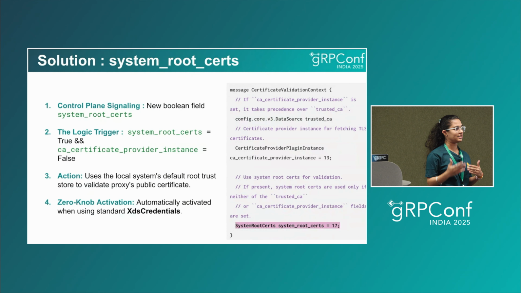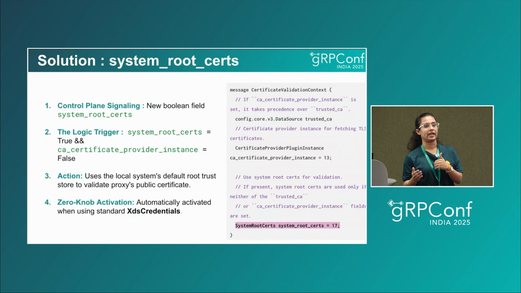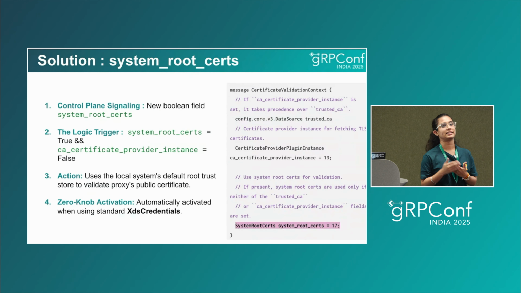We changed the XDS protocol to include a new simple Boolean field called system root certs. So whenever the proxy knows that the endpoint is going to be a public facing endpoint or an ingress proxy Cloud Run service, it will set this system root certs to true and send this config to the gRPC client. Then gRPC will check for two flags.